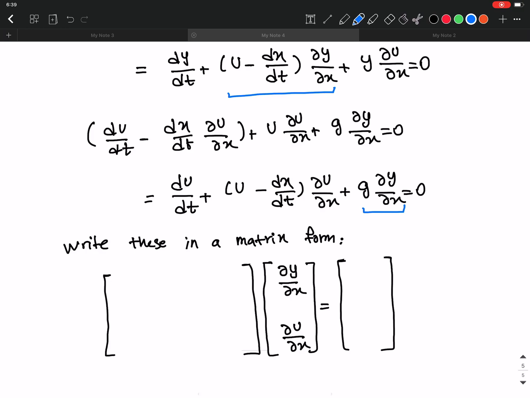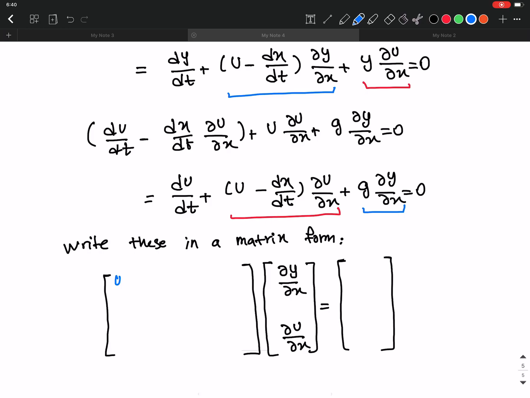And this is the part for partial u partial x in the first equation, and this one is for partial u partial x in the second. So in the first equation, for partial u partial x, what should I put here?